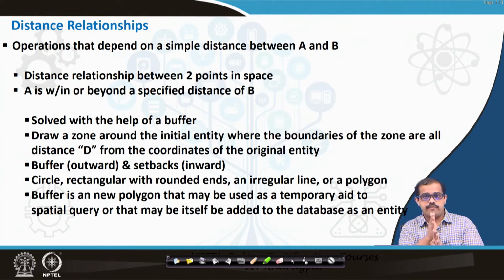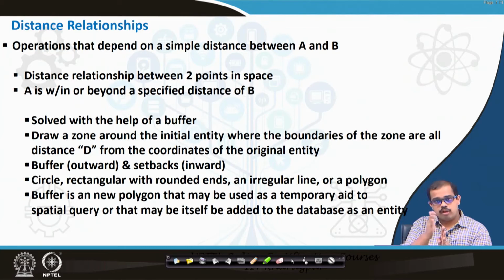The outside buffer is just outside the entity that you are representing, and the inside buffer is the inner part of that. If you take a 5 kilometer buffer, 2.5 is the outer entity and 2.5 is the inner entity. Then you will look at the circular, the rectangular with rounded ends, or irregular lines or a polygon. What kind of polygon can connect these?